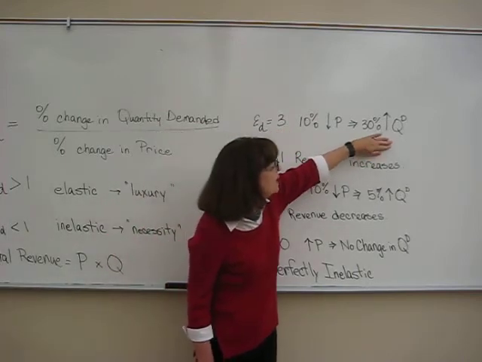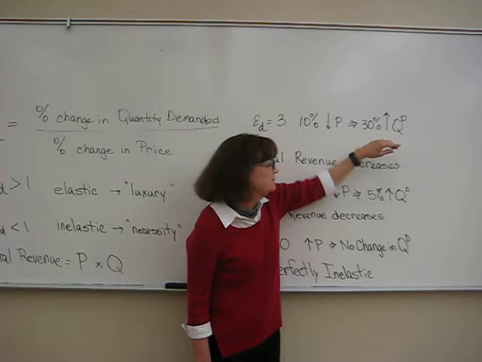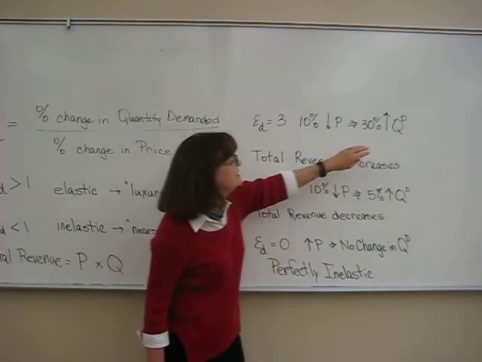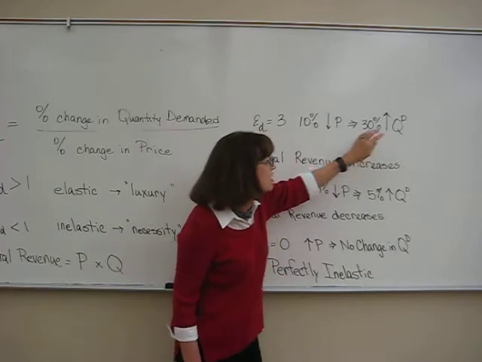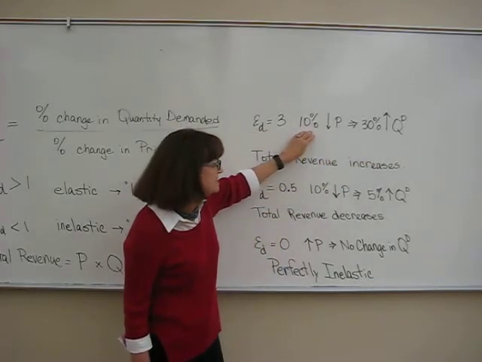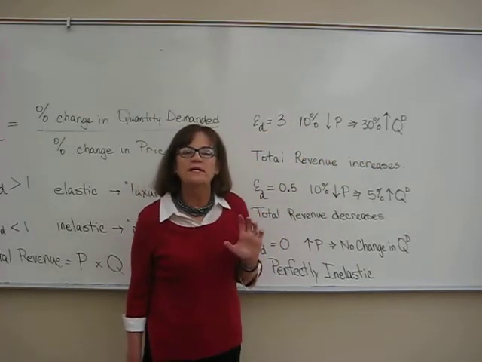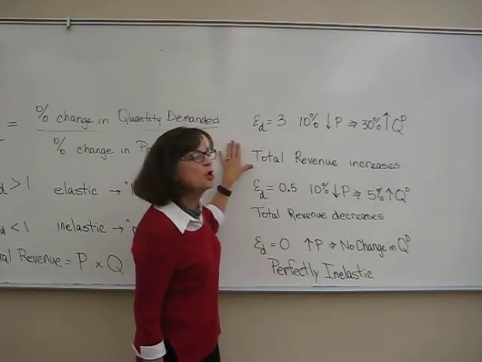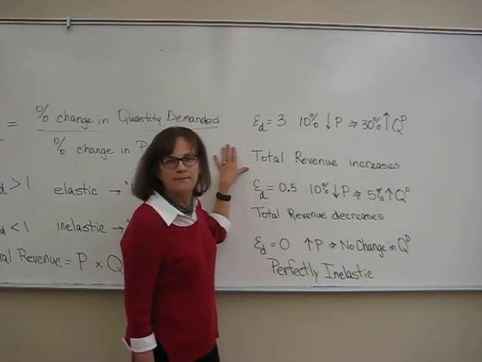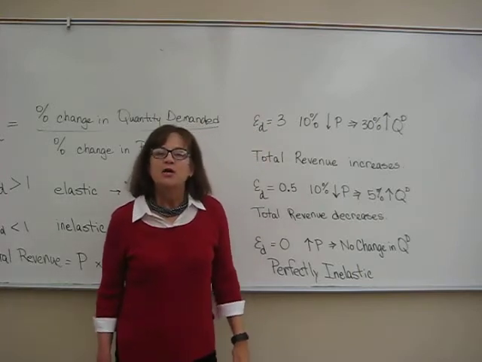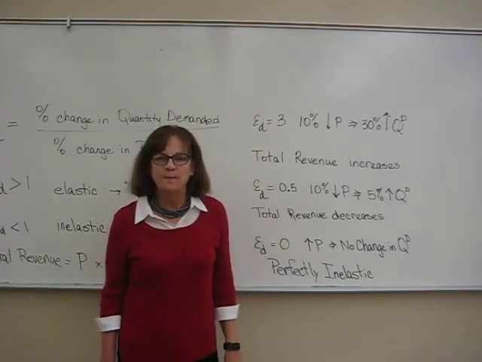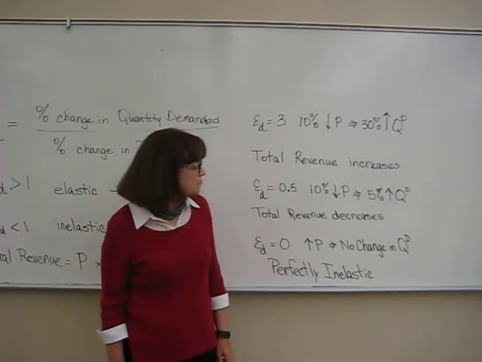It's going to go up by 30%. The increase in the sales numbers are going to far offset the decrease in the price. So your quantity is going to increase so much that your total revenue is going to go up. So if the demand for your good is elastic, you will increase your total revenue by lowering the price.